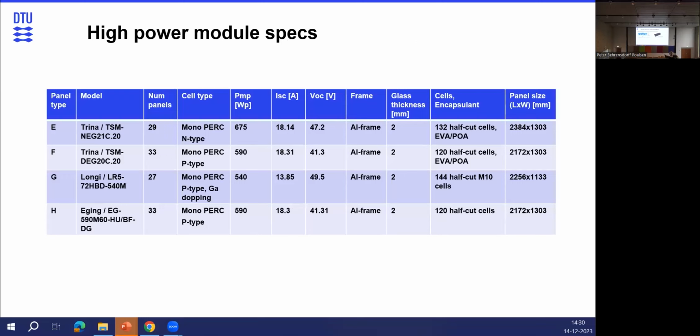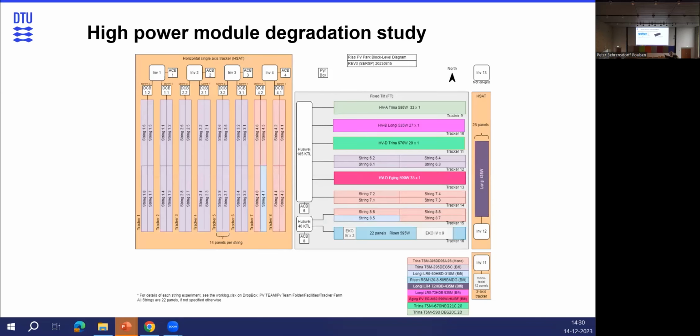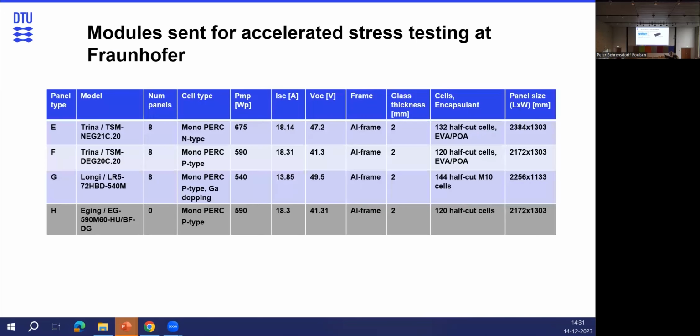It's all 600 watt and above panels. 3 of them are P-type, 1 is N-type. 3 of them we installed in the field. The N-type is still at the lab for accelerated stress testing, and will be deployed soon.